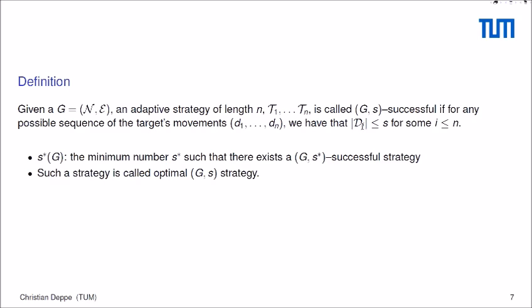Because if we know that some D_i is smaller or equal to s, then we can stop there and give the positions and we can finish. So s* of G is the minimum s* such that there exists a G-s* successful strategy. And such a strategy is called an optimal G-s strategy.